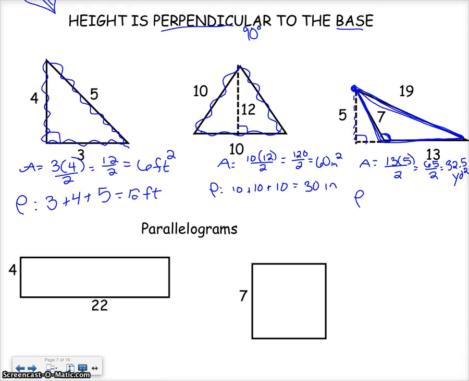And perimeter is around the shape. So my shape is the 13 plus 7 plus 19. That is my perimeter. Combine them, 20 plus 19, 39, and that is a singular unit, 39 yards.